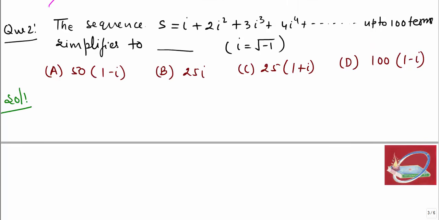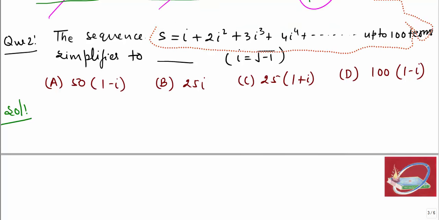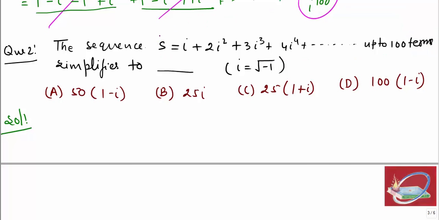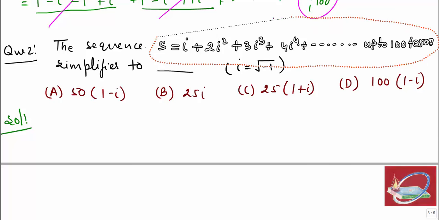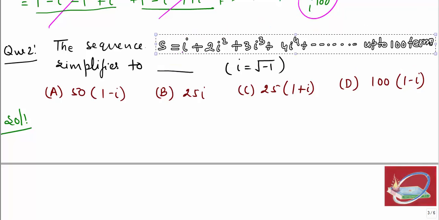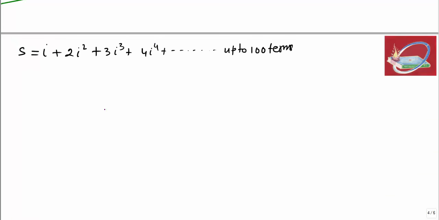So let us have S. So S is this one. If you observe this, this is an arithmetic geometric progression, AGP, and it has 100 terms.